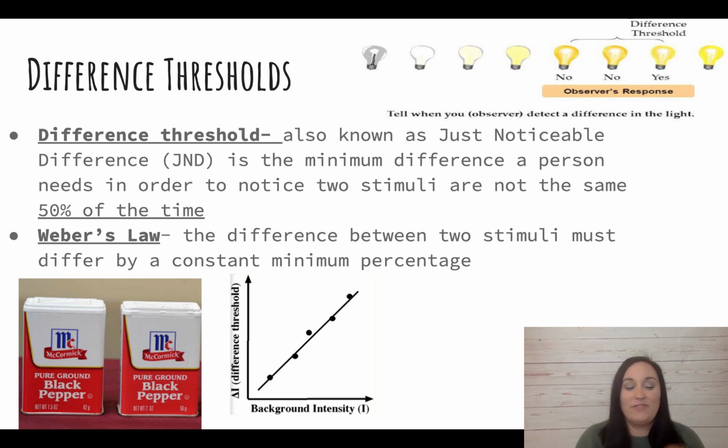So, for example, if I have two weights, I have a 2-pound weight and a 5-pound weight. Those are fairly light weights, and I'm going to be able to notice the difference between a 2-pound weight and a 5-pound weight. However, so that's a difference of 3 pounds, right? If you put a 100-pound weight in this hand and a 103-pound weight in this hand, you are probably not going to be able to tell a difference.